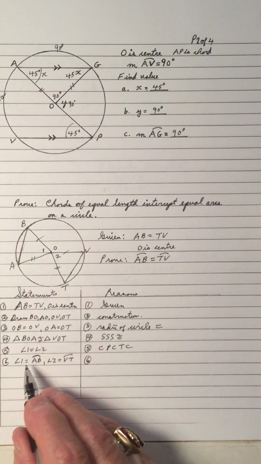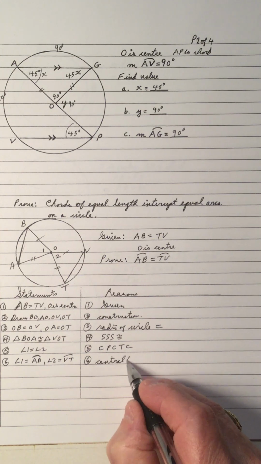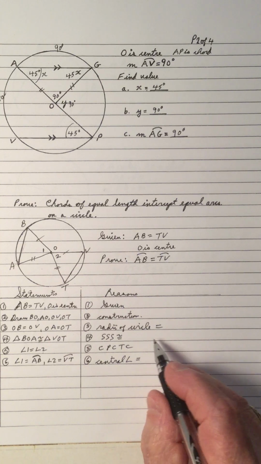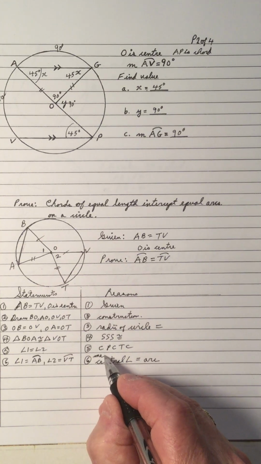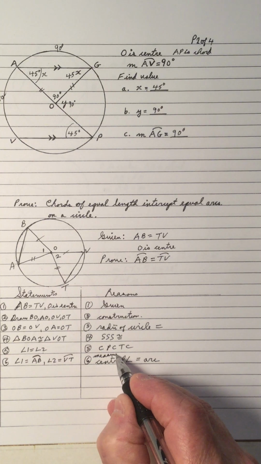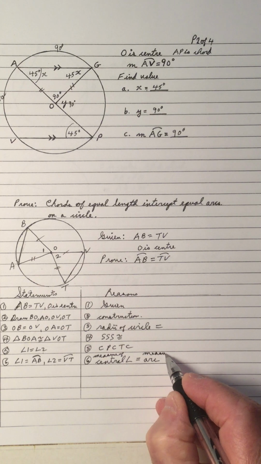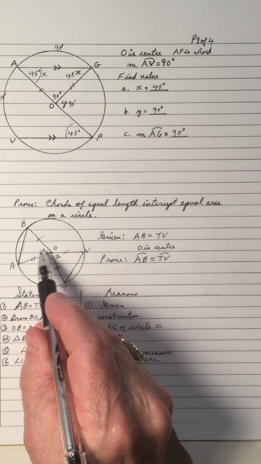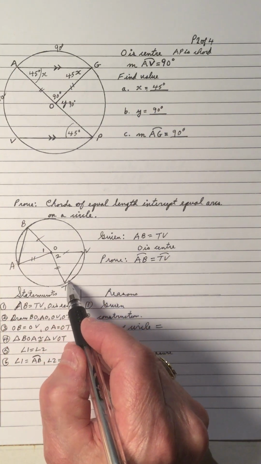So that's the measure of the central angle equals the measure of the arc. So the measure, let me write down measure here, measure of central angle equals the measure of the arc. So this is the central angle equals this arc. This is the central angle equals this arc.